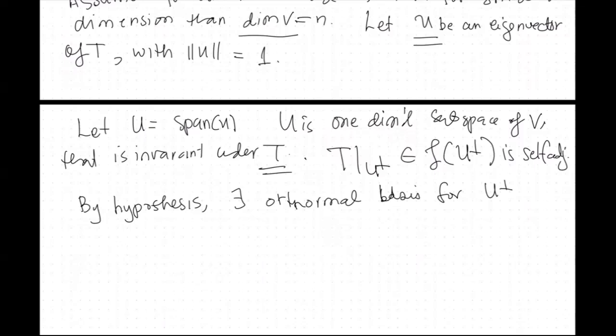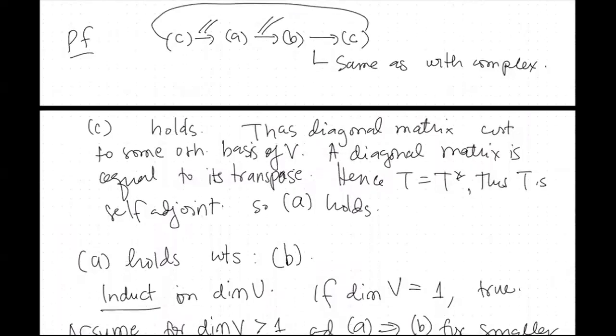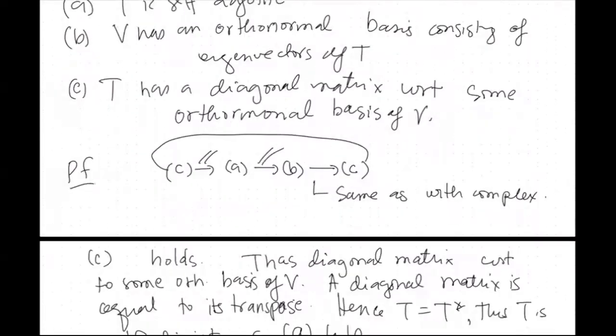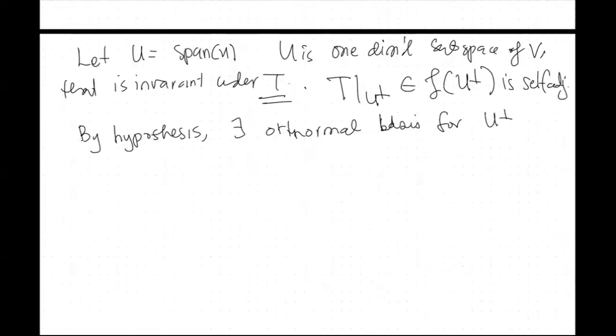What's our induction hypothesis? A implies B for smaller dimension. That is, an orthonormal basis consisting of eigenvectors.